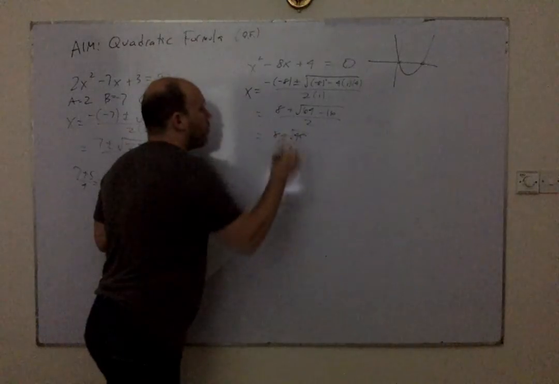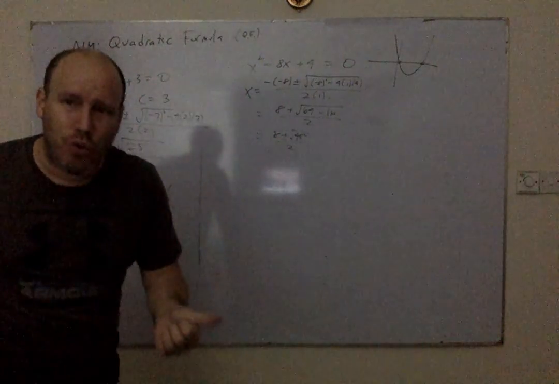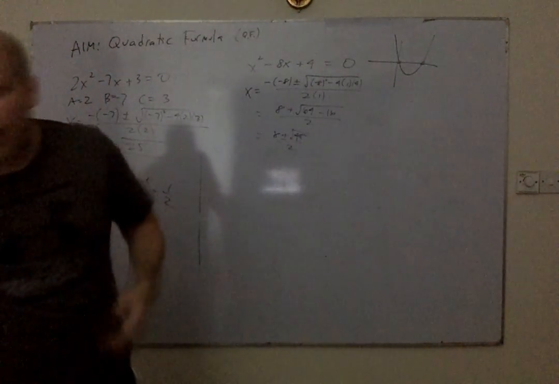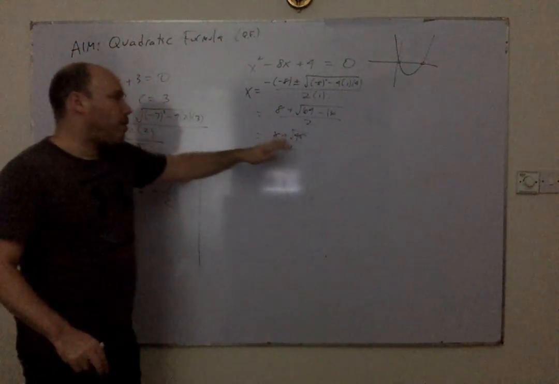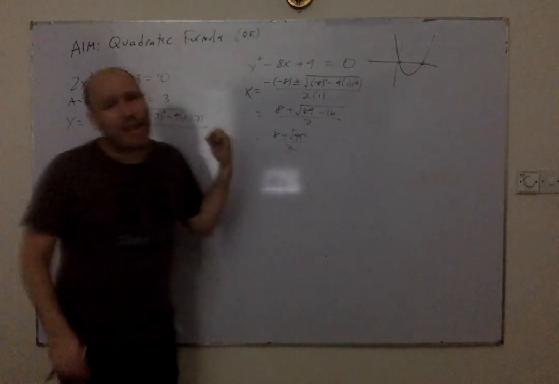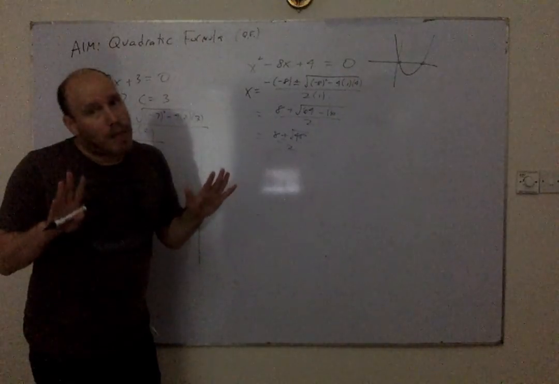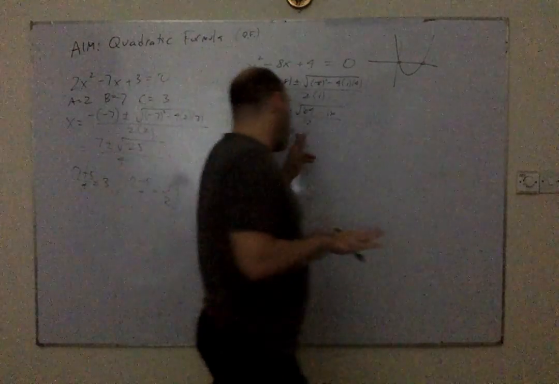Now, the reason I did that radical thing is, if you take something like the SAT 2 or another test, they might expect you to simplify this. 48 is not a perfect square the way in the last two examples we got a nice number under that radical. That's okay, because we can deal with radicals.